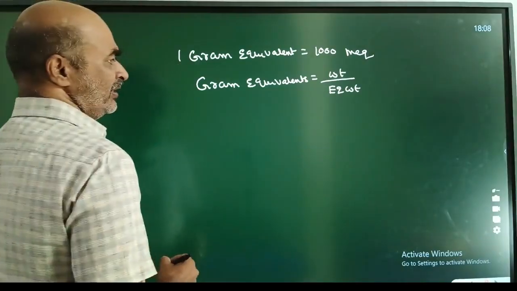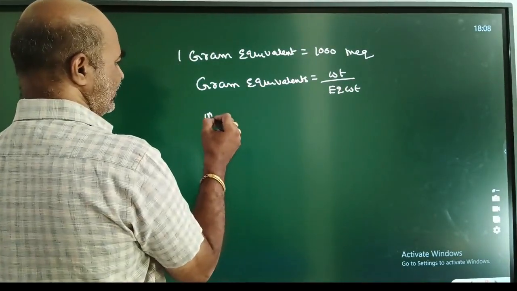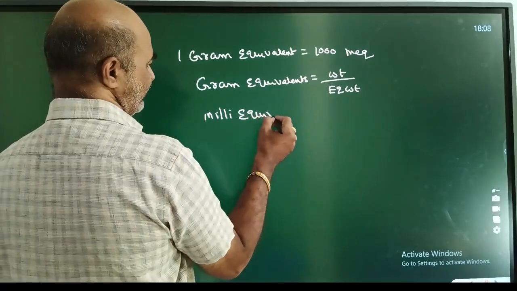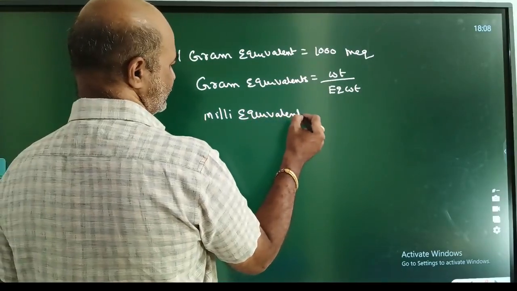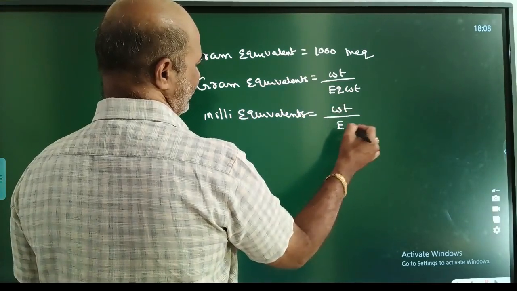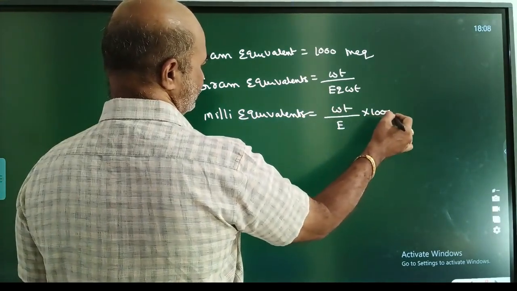Milliequivalents is equal to weight divided by equivalent weight into 1000.